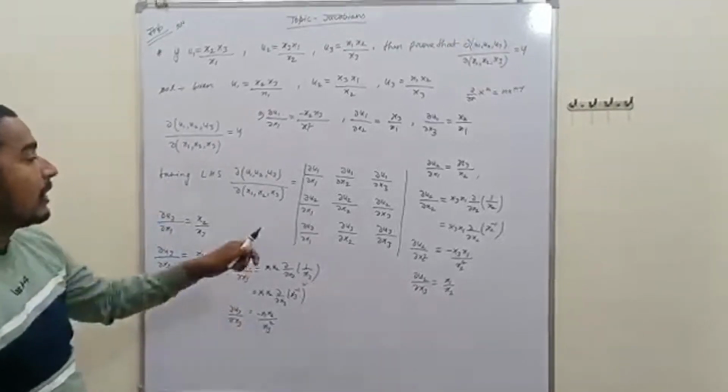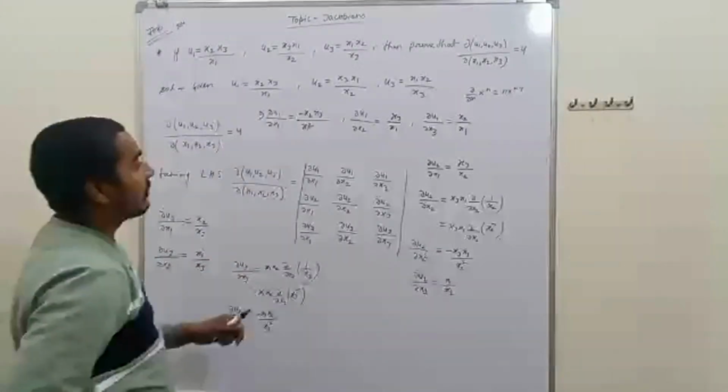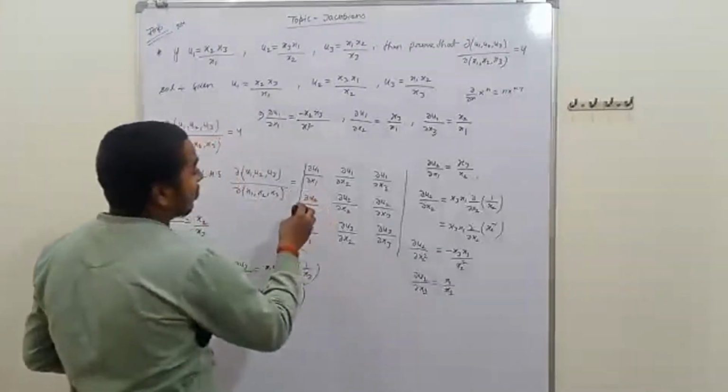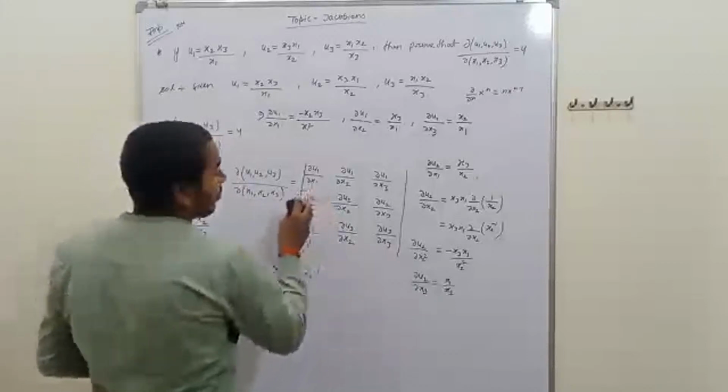Further we have to put the values in the determinant. First we have to put del u1 upon del x1.